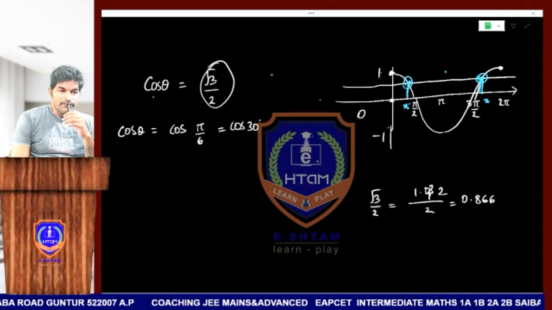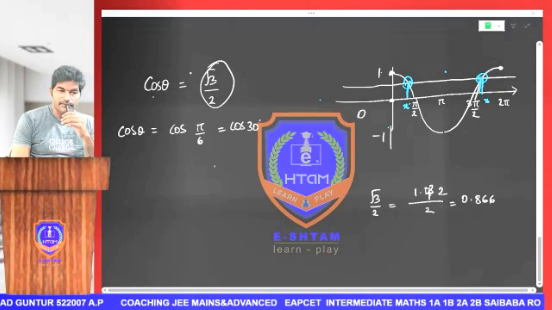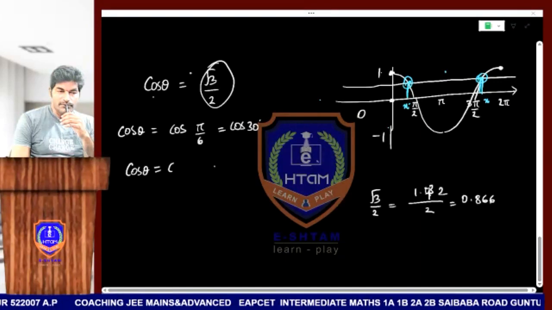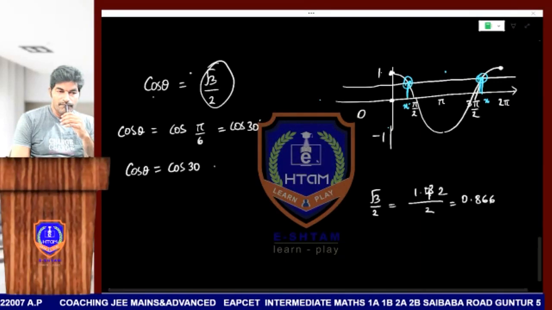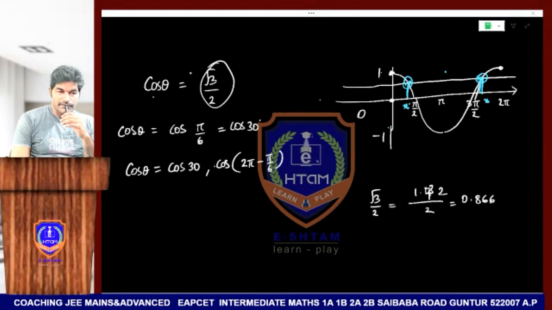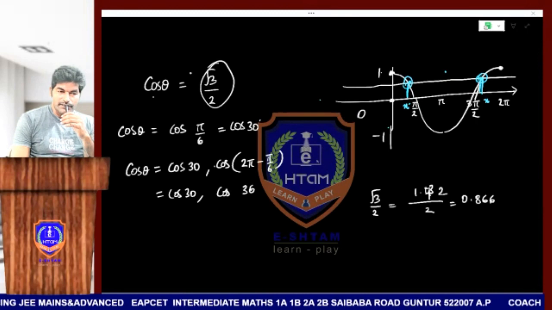So one value will be the direct value, and for the other value you have to write 2 pi minus that particular value. So write down cos theta equal to cos 30 degrees and cos of 2 pi minus pi by 6. Or you can also write cos 30 degrees or cos of 360, 2 pi means 360, minus 30 degrees.